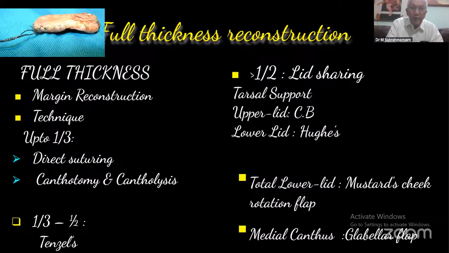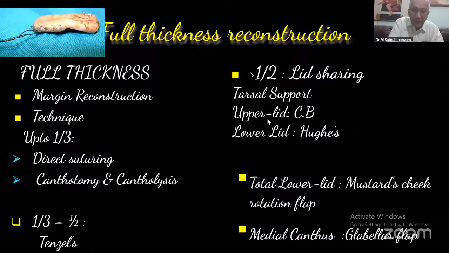When the coloboma is more than half, then the tarsus that is left in the lid is not enough. Then it requires tarsal support from the other lid or opposite lid, and you have to do lid sharing procedures. For the tarsal support for the upper lid, we can do a Cutler-Beard technique.